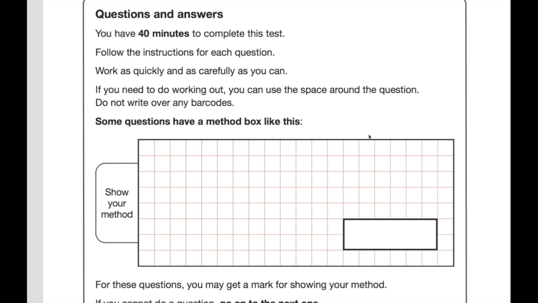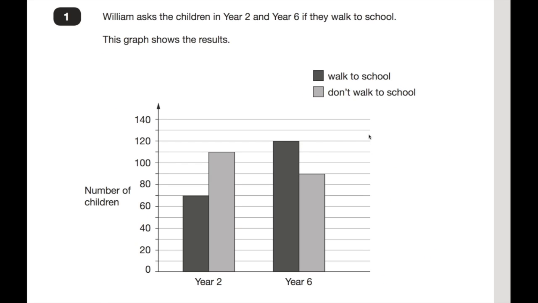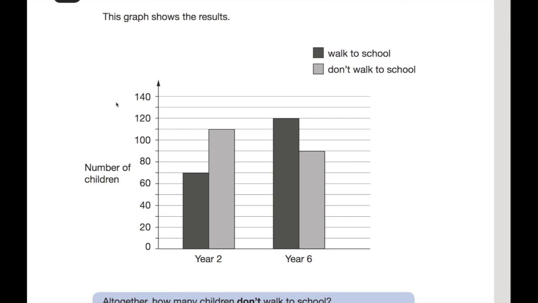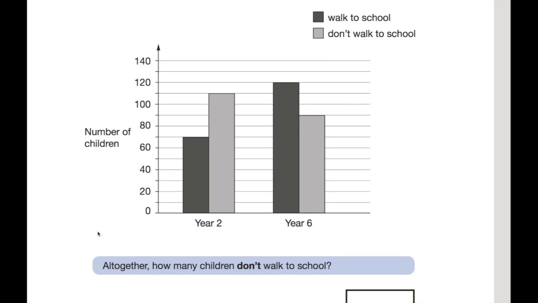Question 1, it says, William asked the children in Year 2 and Year 6 if they walk to school. This graph shows the results. It says in this key here that the darker colour means that they walk to school and the lighter colour says they don't walk to school. Along the left, it's going up in tens. So the question is asking us, altogether, how many children don't walk to school?